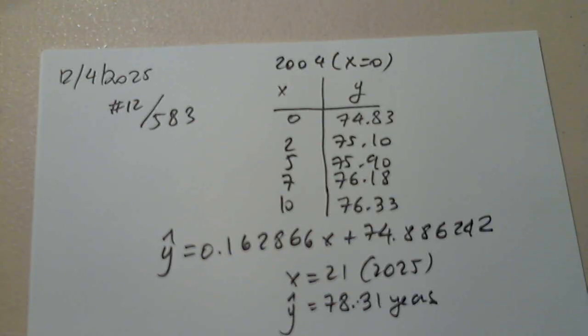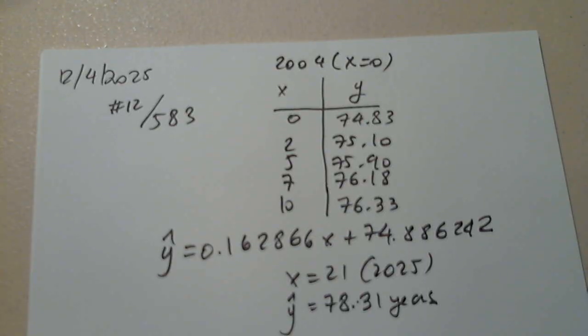It appears that a line could fit through the cloud or the scatter plot. And then I use the linear regression in the stats. Once I had the linear regression line, I already entered it, so I don't have to plug this in by hand. And then I plugged in 21 to get what they wanted.